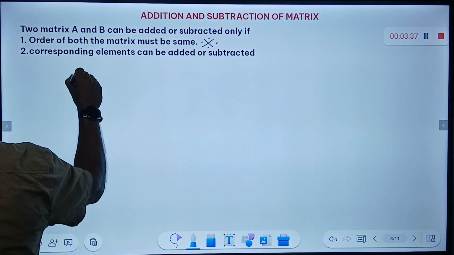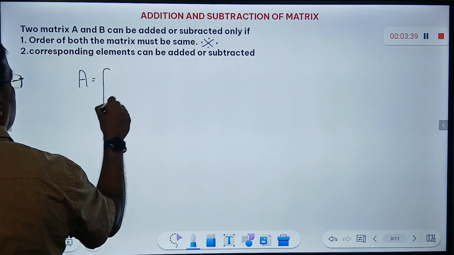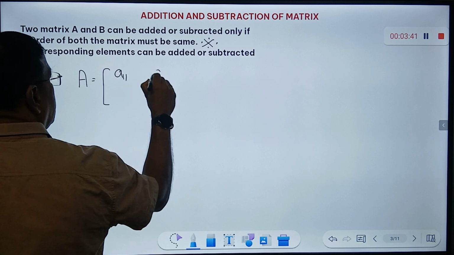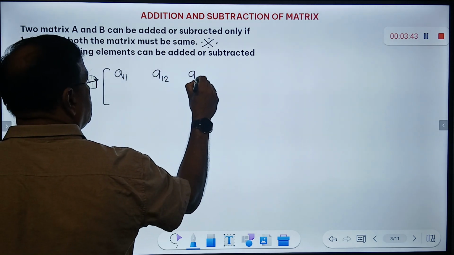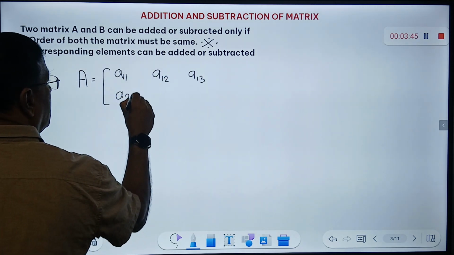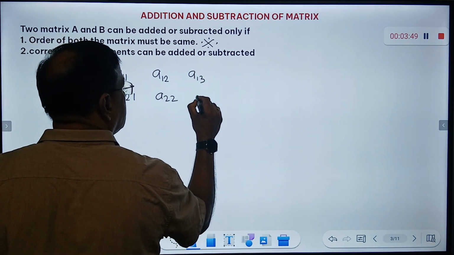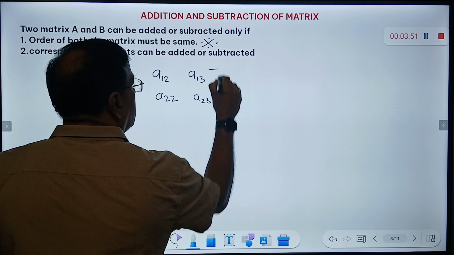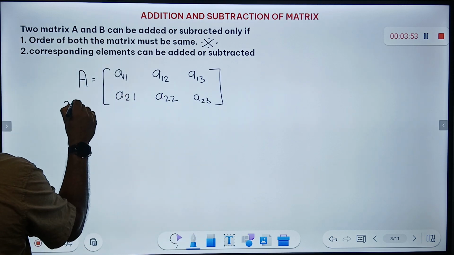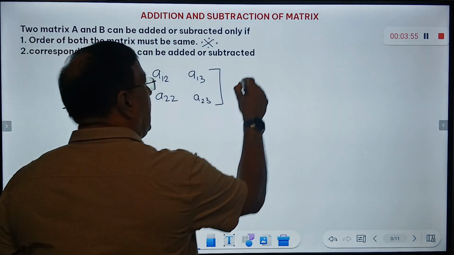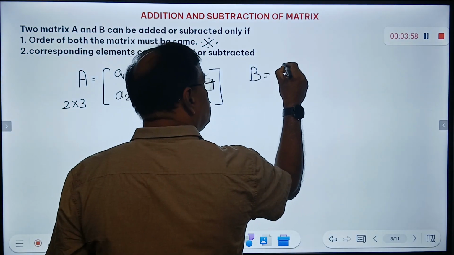For example, if I have matrix A as a11, a12, a13, a21, a22, a23, what is the order of this matrix? It's 2 by 3. And if I want to add another matrix B, what should be the order?